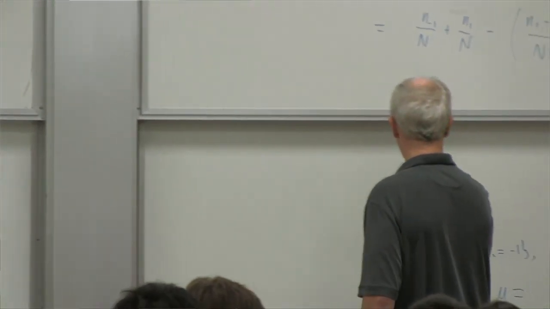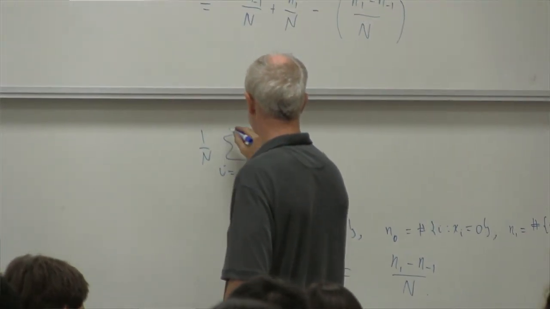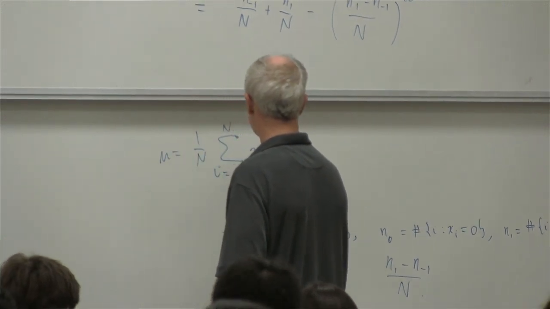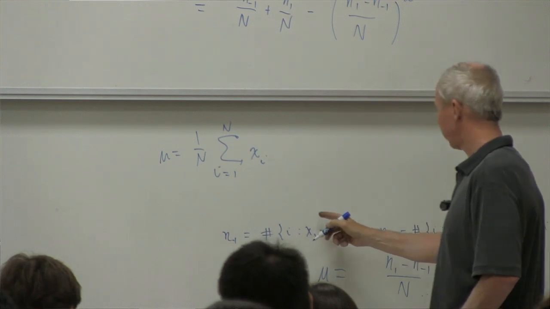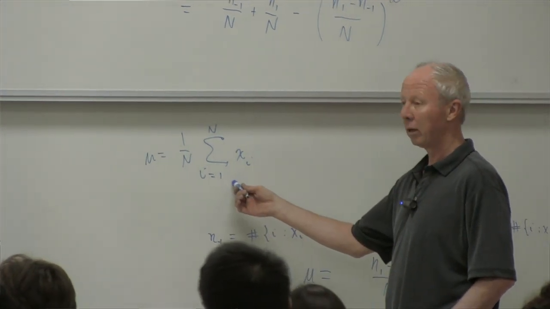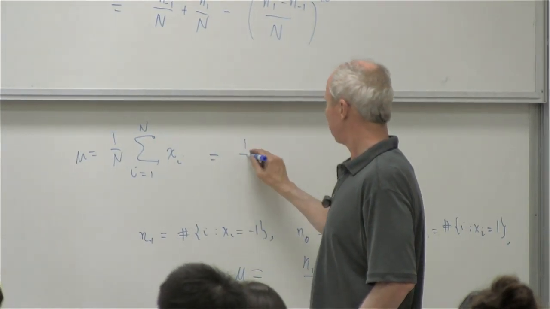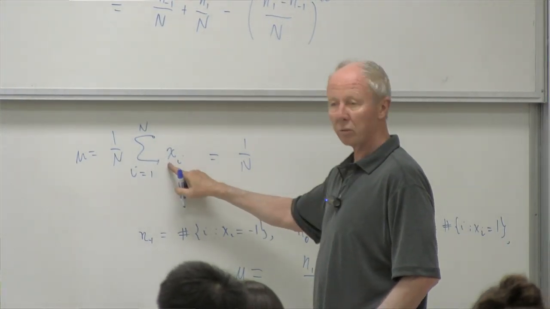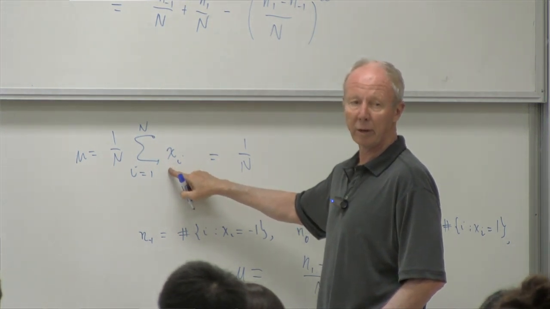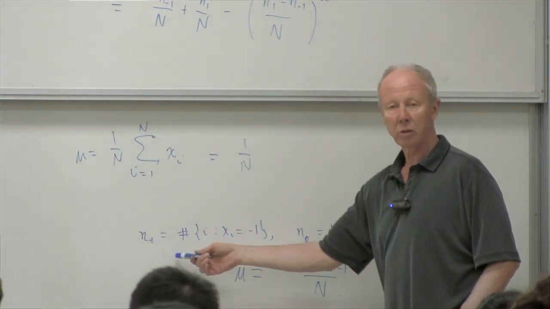Does everybody agree with that? If I add up 1 over capital N, sum from i equals 1 to capital N of the x values, this is the true mean, where I use the values that I erased, x1 through x capital N. What's this equal to? Well, what values do I get here? I get minus 1s, 0s, and 1s. How many times in this sum do I get minus 1s? n sub minus 1, right?